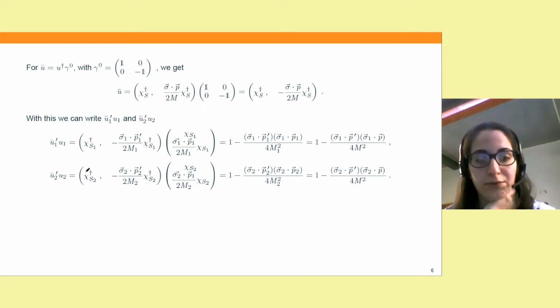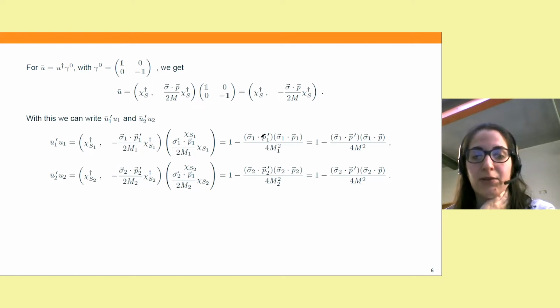So what do we have? We have the ū_1, which is this here, but now the spin is s_1 for the nucleon 1. And we multiply it by the u_1 here. So what do we get? We have this Pauli spinor times this one here, and we know that the product of the Pauli spinor dagger times the Pauli spinor is 1, so we get this one here.